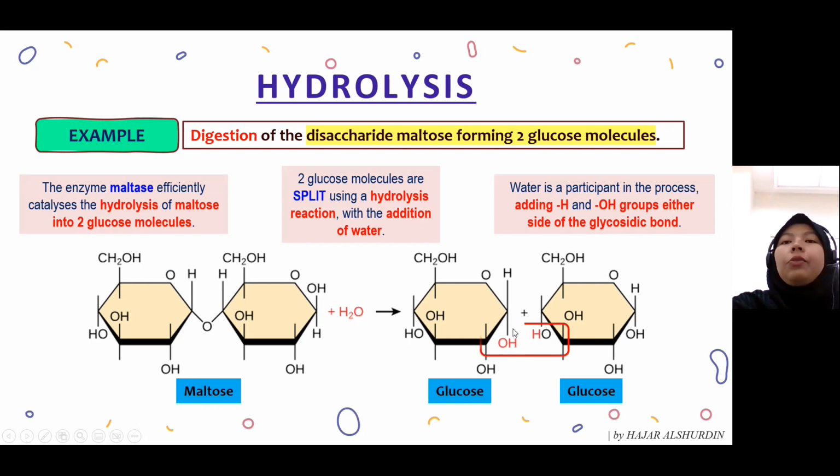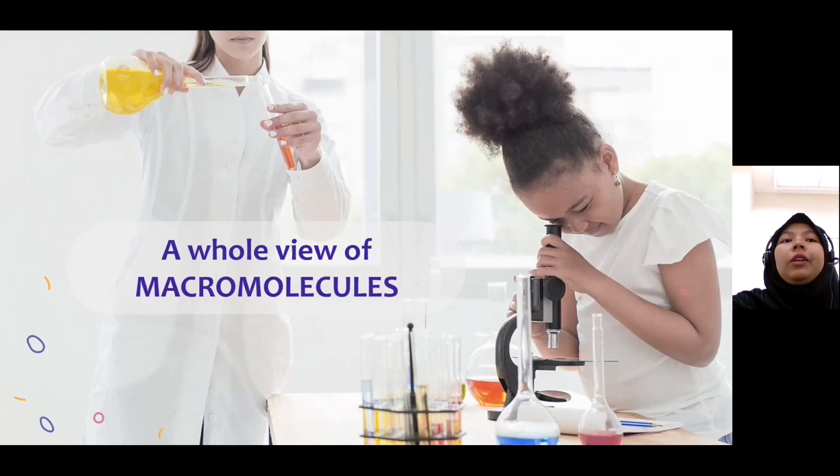So this is the hydrolysis process. You have two processes. The first one is condensation or dehydration, the loss of water when a polymer is formed. The second is hydrolysis, the opposite of dehydration, which is the addition of water in order to split the polymer into monomers.